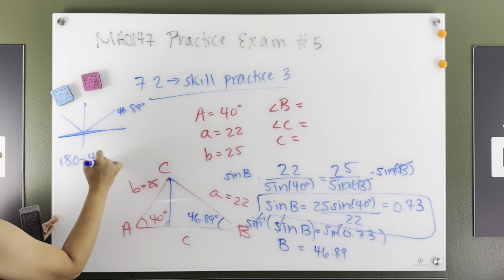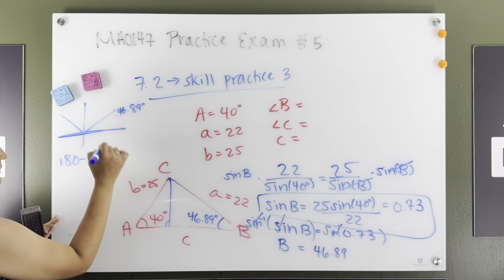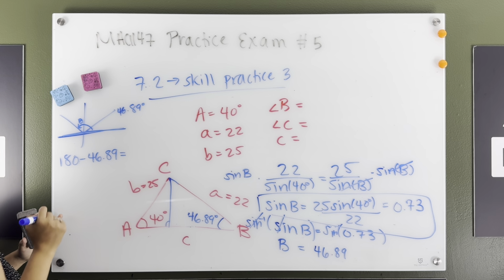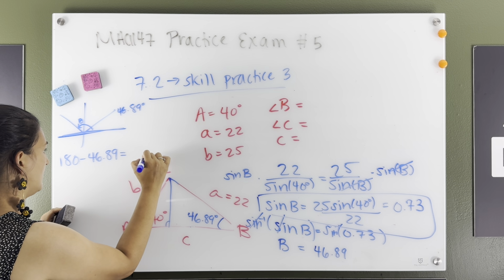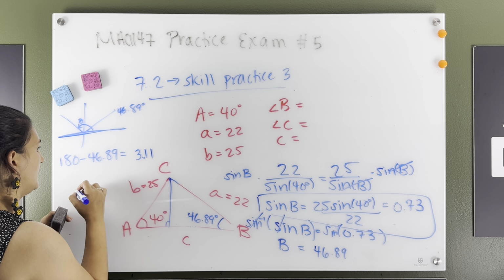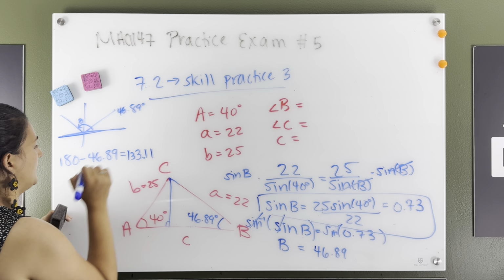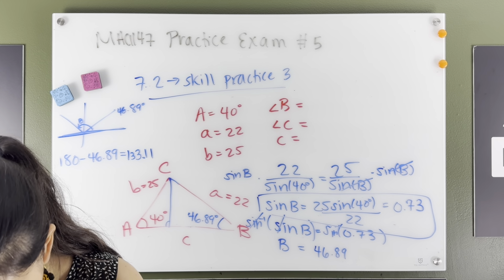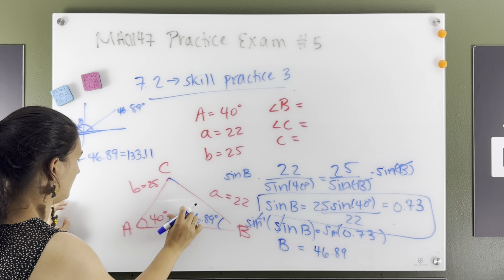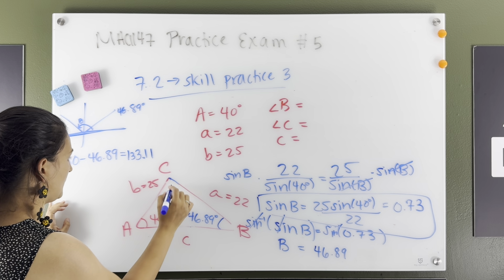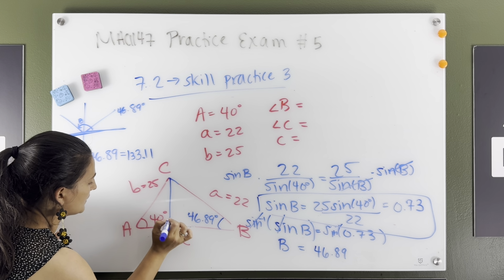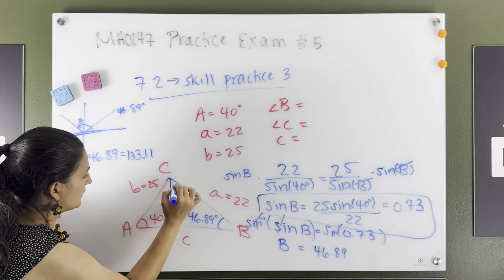If I take away the angle that I got when I did the arcsine in the first quadrant, then that's going to give me this second quadrant angle, theta. Okay, so let's just do the math. 133.11. Okay, and then this B could also be 100. Again, it's not drawn to scale. This has to look different.